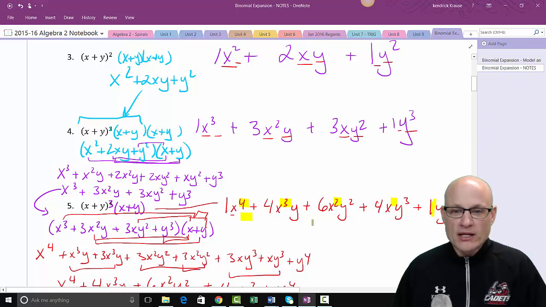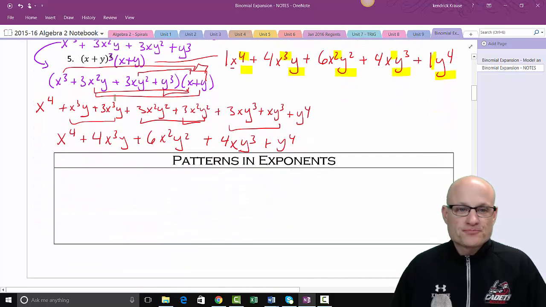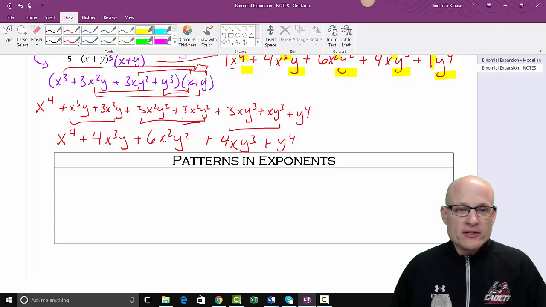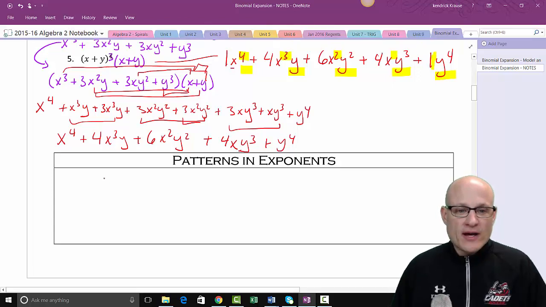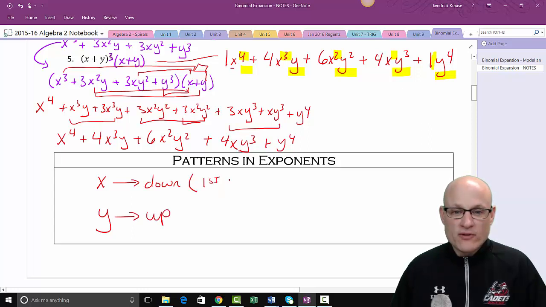And then no y, y to the 1, y squared, y cubed, y to the fourth. So, what's the pattern? The first value, x, is going down, while the y value is going up. Now I say x and y, this is really the first variable. His exponent goes down, and this is the second variable.